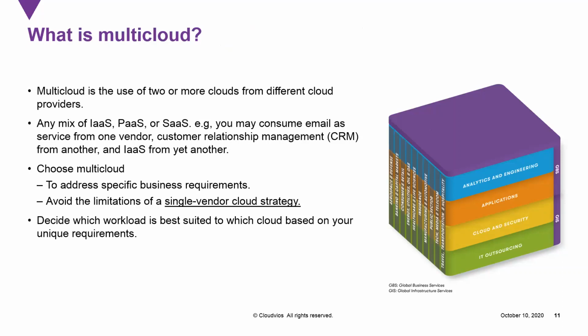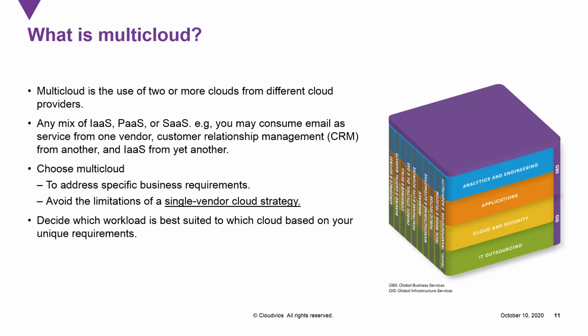So now we're going to talk about multi-cloud, right? Herein, we make use of two or more clouds, right? And it could be any mix. It could be IaaS from one, PaaS from the other cloud vendor, right? Maybe SaaS from the third cloud vendor, right?